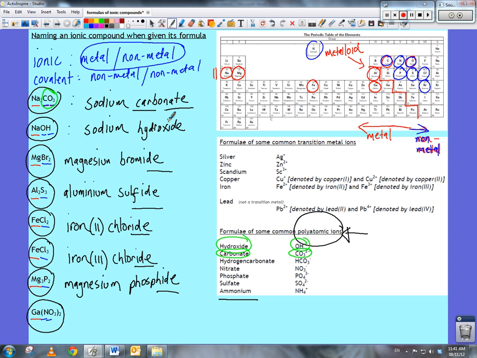And finally at the bottom we've got the compound with the metal gallium, and we have a polyatomic ion containing nitrogen and oxygen, and it's an NO3 ion. It's NO3 minus actually over here, and that is called nitrate. So we call our compound gallium nitrate.